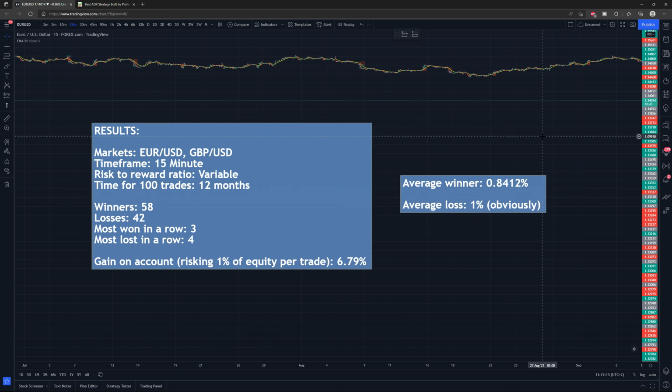Well, that's because if we take a look to the right, the average winner was only 0.84%, while of course each loss is minus 1% on the account, leaving you with a very small gain on the account figure. I believe the reason for this is the stop loss placement method, and this method doesn't really make any sense to me, using the ADX low to place the stop loss.